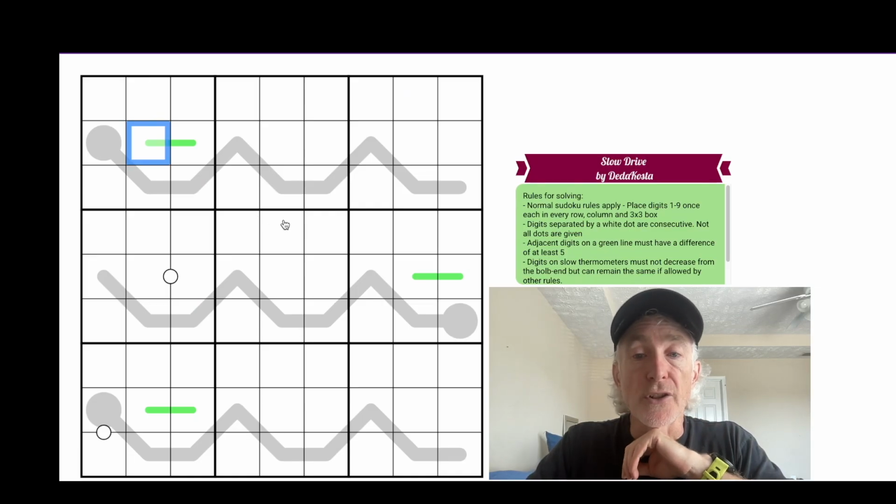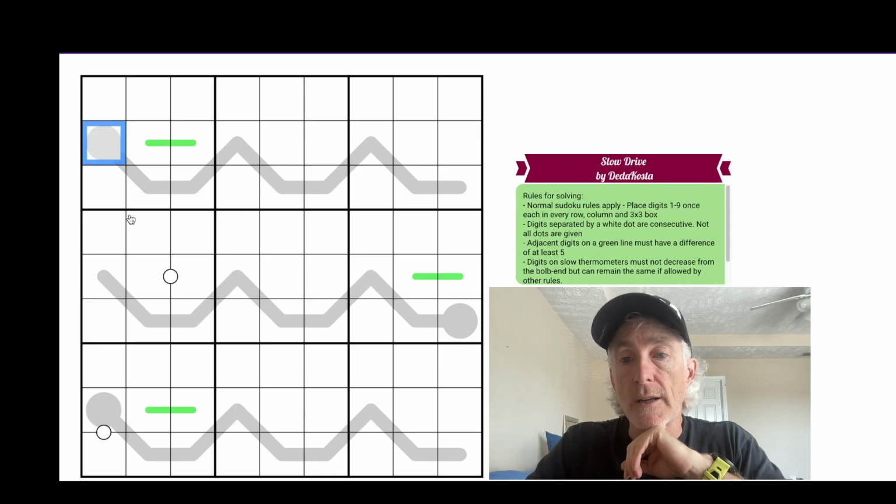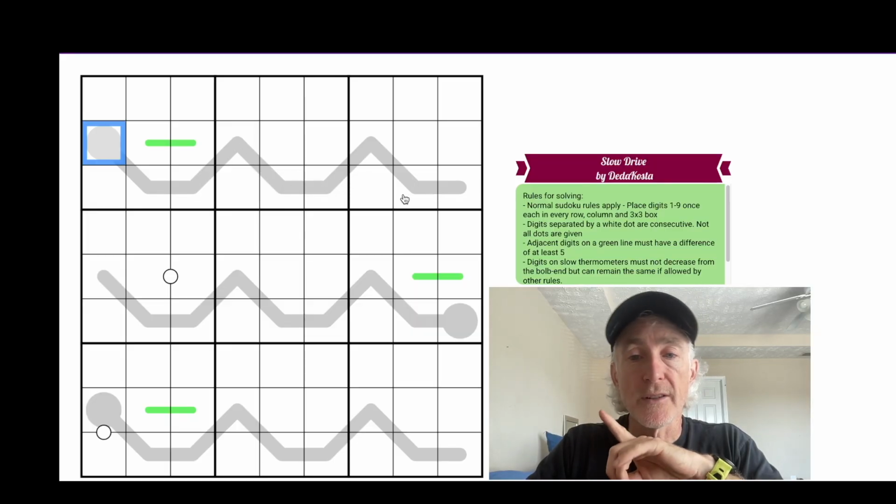And digits on slow thermometers must not decrease from the bulb end, which is where these circles are, but can remain the same if allowed by other rules. So normally with thermometers, frequently what you're going to see is the digits have to strictly increase along the thermometer. But with slow thermometers, they can stay the same if allowed by other rules.